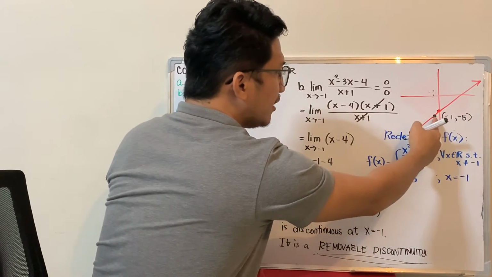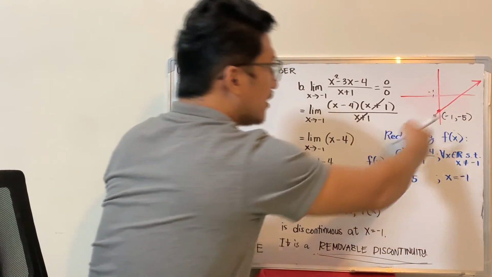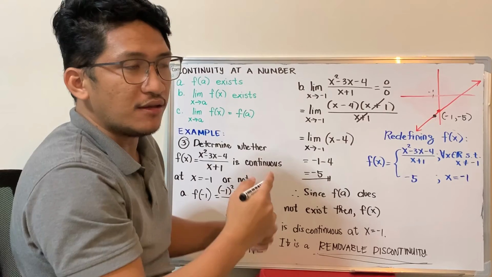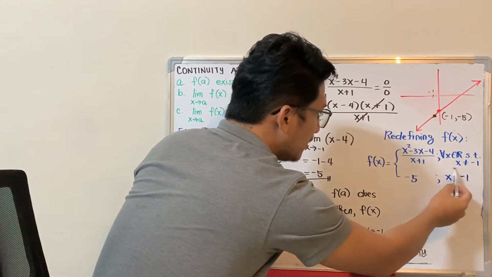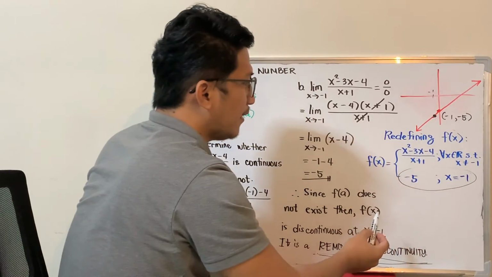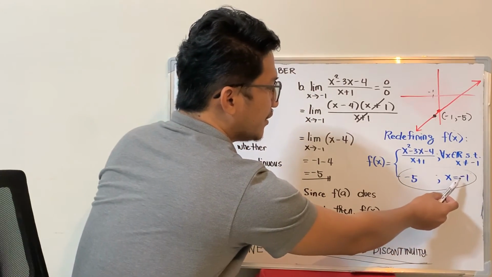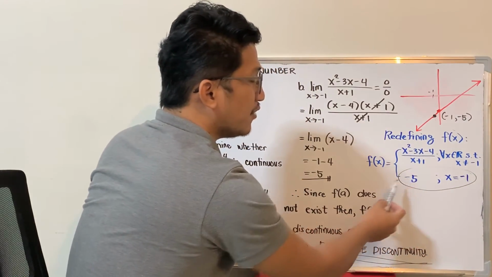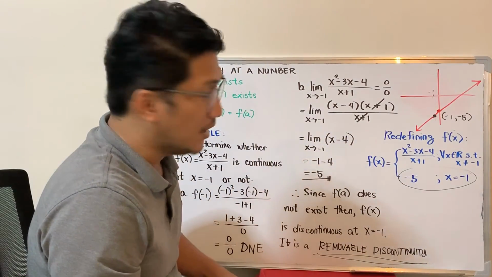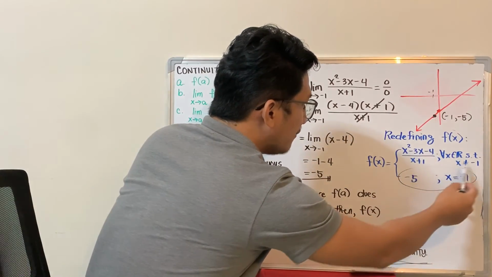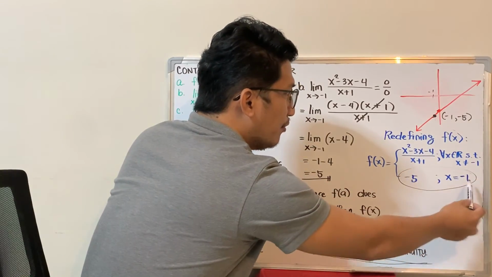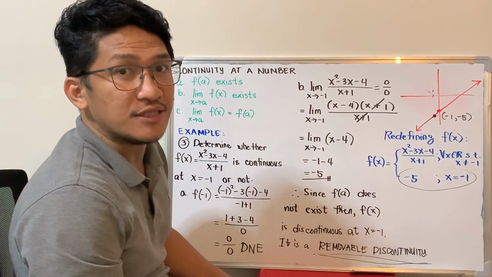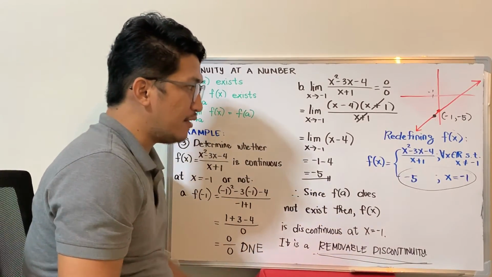So if I fill that in, then your graph is continuous, or in other words, your function is already continuous. We filled it in. This is -1 and -5, just a single point. So the function with the hole, if I fill it in, becomes continuous.